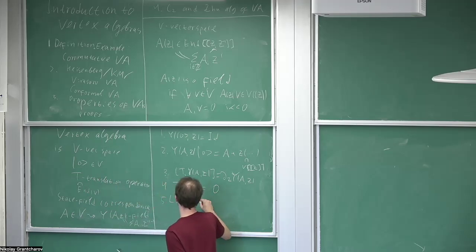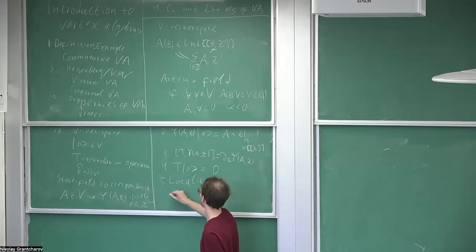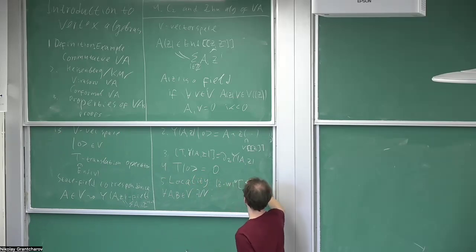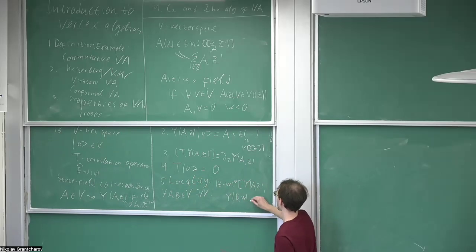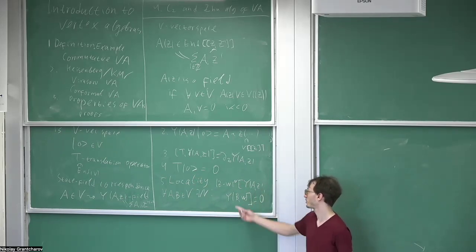And the fifth is the most advanced, locality. So for any vectors A, B, there exists a number n such that (z minus w) to the n times the commutator of Y(A, z) and Y(B, w) is 0. I take two fields and they don't commute, but they almost commute.